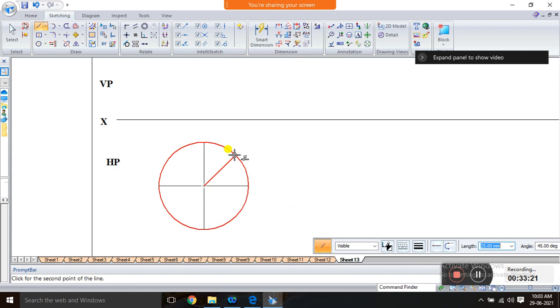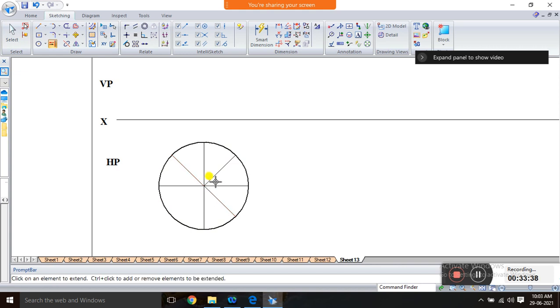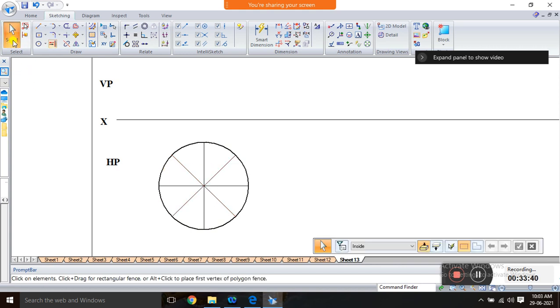Use the compass, draw 45 degrees. Then the same thing, here minus 45, take the protractor and place it. Afterwards use the scale and extend. With the help of the scale, join, so that it will divide into 8 equal parts.